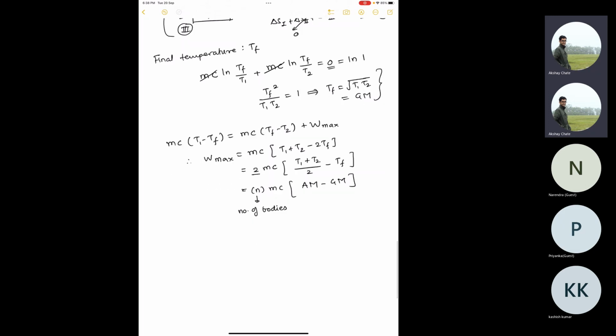And one thing was there. In general, arithmetic mean is greater than or equal to GM, and equality holds when all the terms are equal. One second. Is AM greater than GM always?